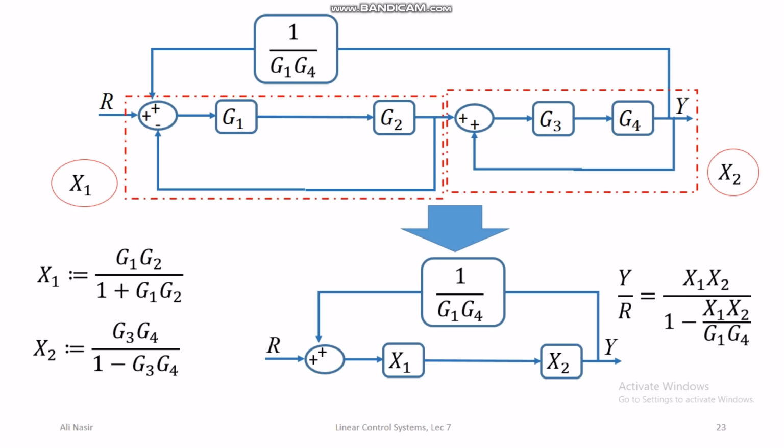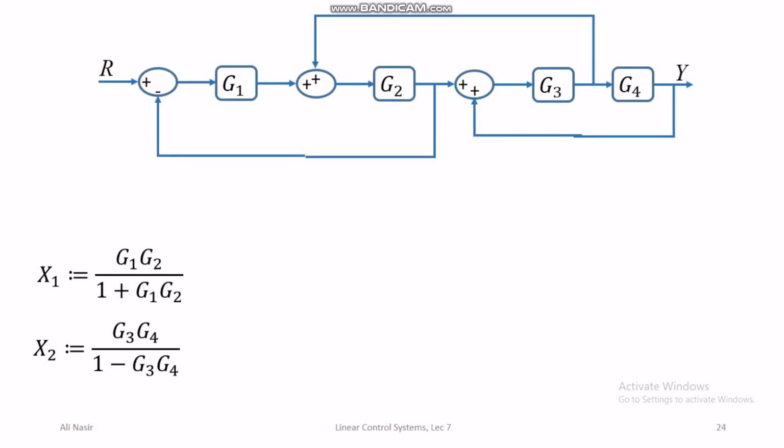Using the simplified block diagram, we get the transfer function for the original block diagram, because in the process of simplification we have preserved the original transfer function.